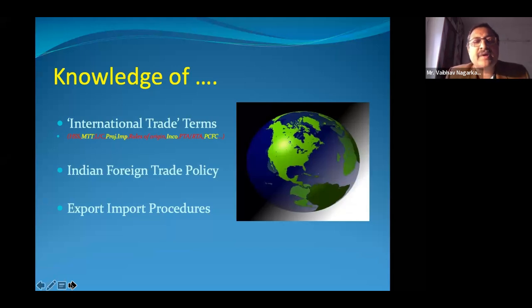Friend, there is a big domain where the valuer is going to render service here, because the importer has knowledge about what he wants to import, say generator set or SS316L tubes or pipes, or maybe a kind of breaker or hydraulic machines. But the importer is not aware what is the right HS code as far as India is concerned.